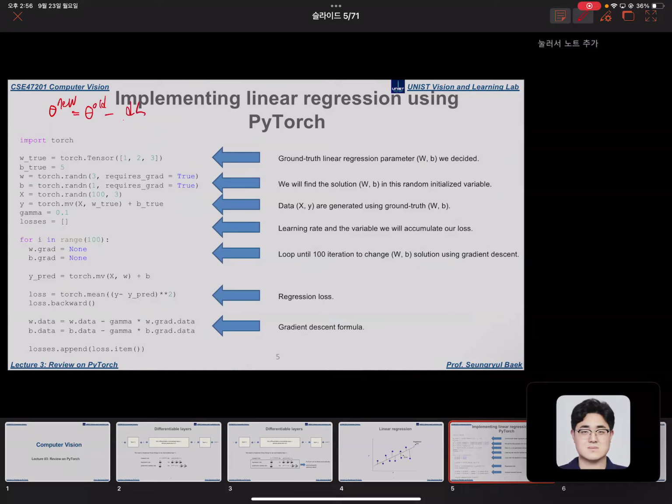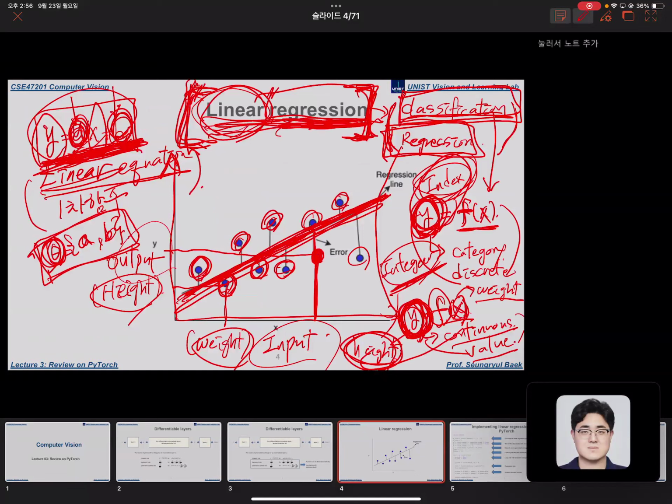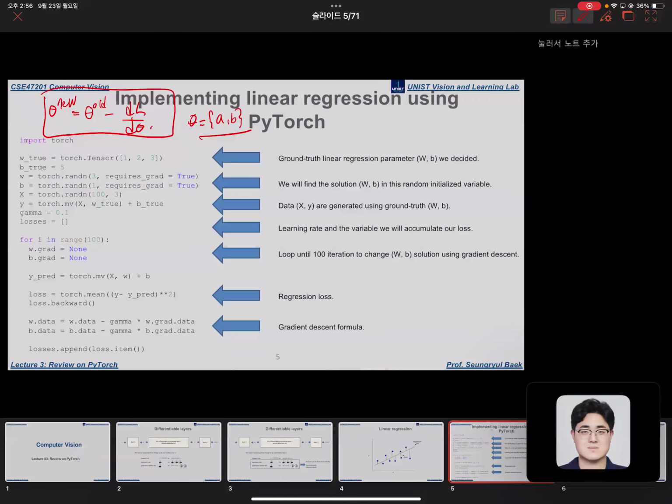In this code, we denote this as Wx plus B. We usually use W for A and B for the constant term.